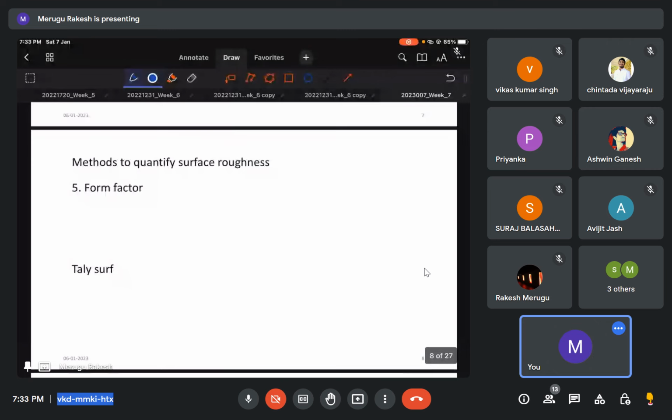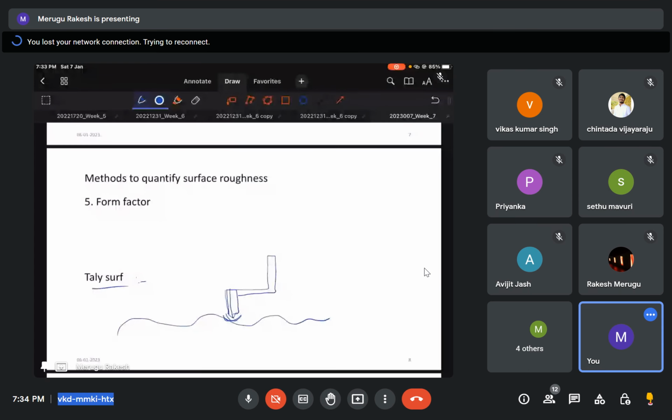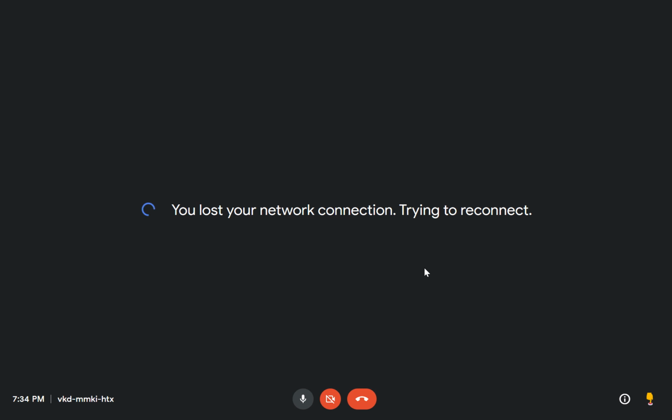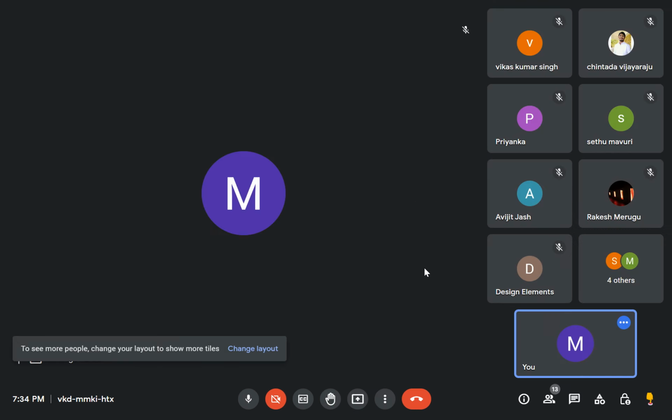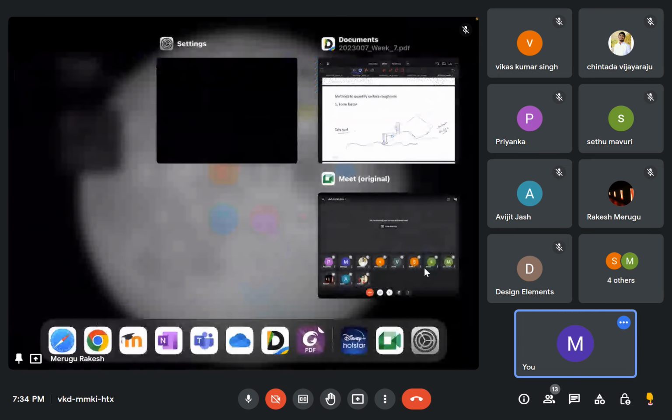Suppose this is the surface, this is the skid.